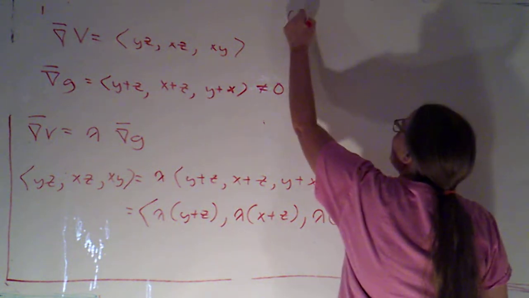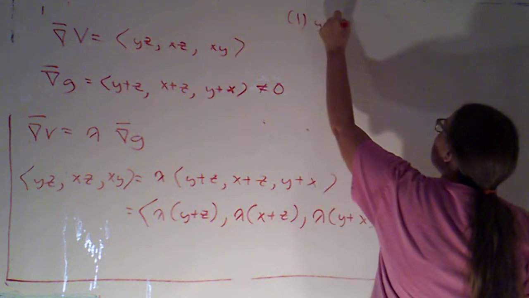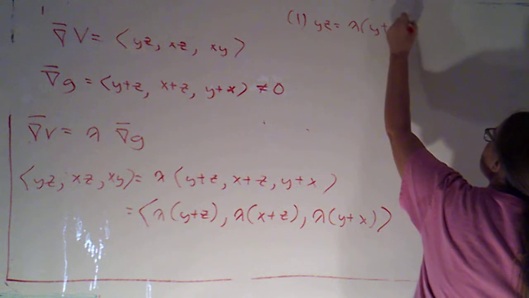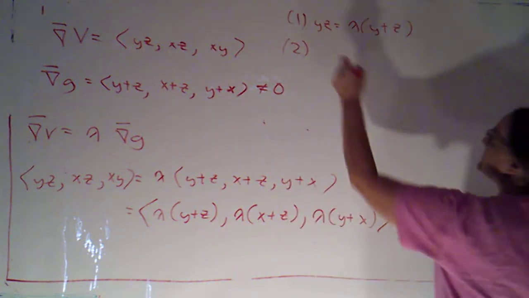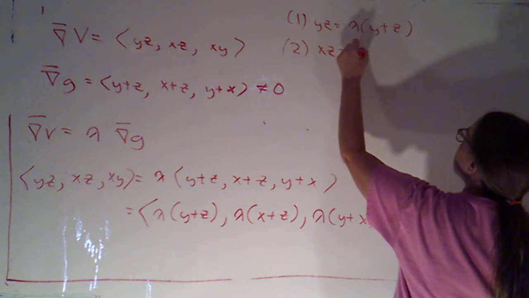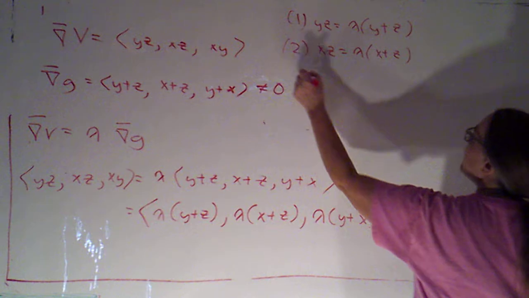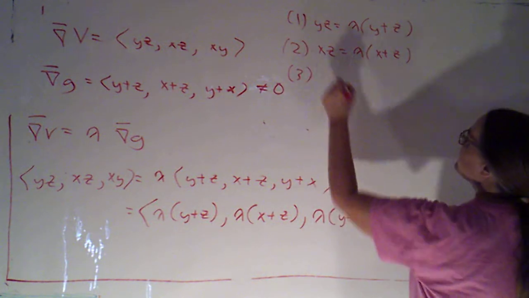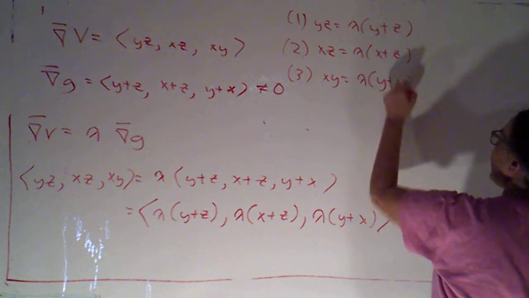Okay, so equation 1, my first components have to be equal. So y times z is equal to lambda times y plus z. My second equation, second components have to be equal. So x times z is equal to lambda times x plus z. My third equation, third components are equal. So x times y is equal to lambda times y plus x.